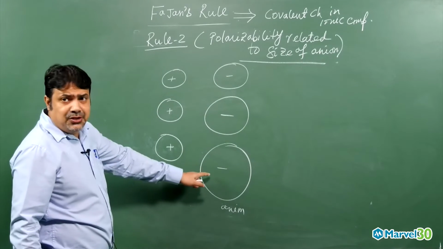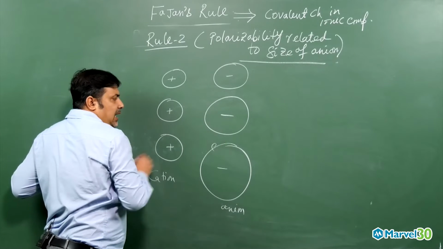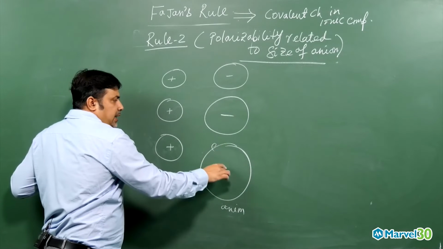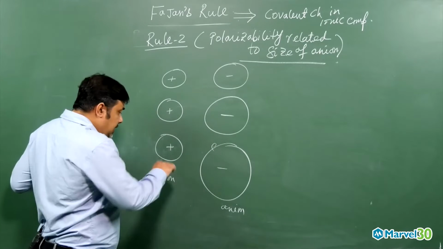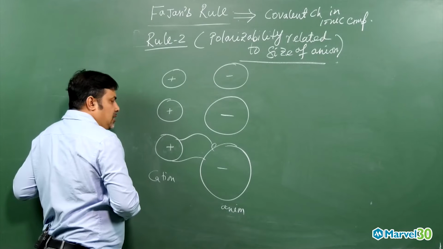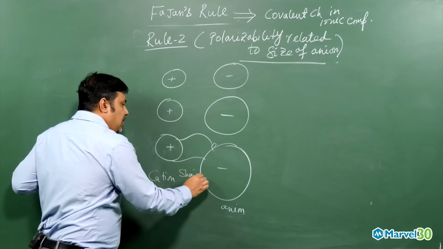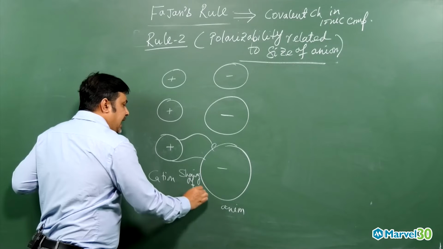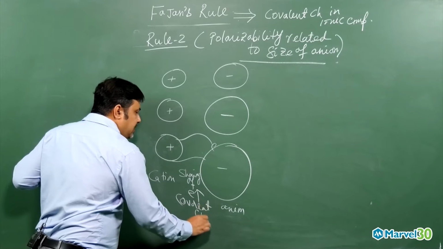When the anion size is big, the electron in the outer shell of the anion will experience less force of attraction by the nucleus of the anion. In that condition, the cation easily takes the electron density from the anion towards itself, and then sharing of electron will increase. As the sharing of electron increases, covalent character increases, my dear.